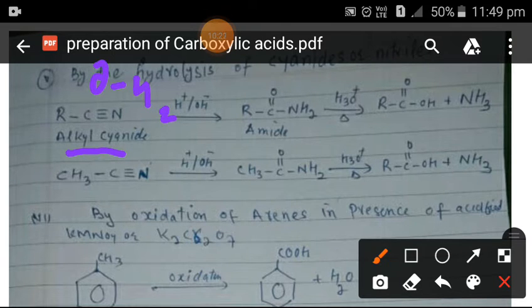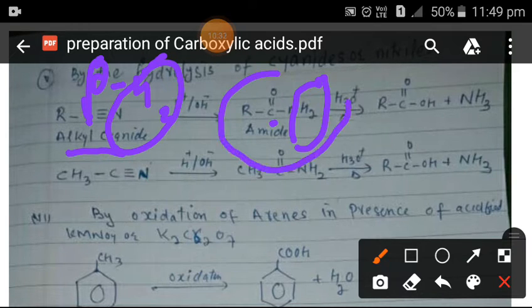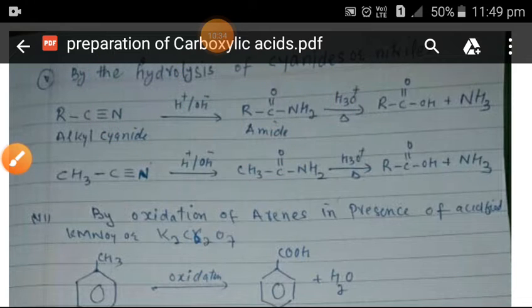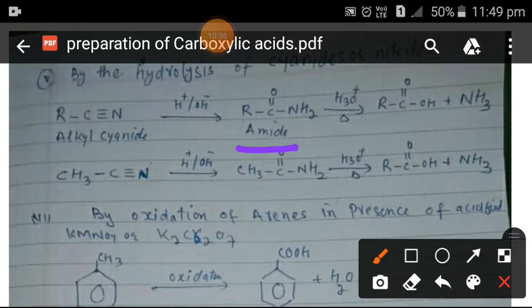So two hydrogens will combine with this nitrogen to form ammonia. Clear? And this oxygen will combine with this carbon to form a carbon double bond oxygen. So the product formed here is first an amide, which further in presence of H3O+ results in the formation of carboxylic acid and ammonia.